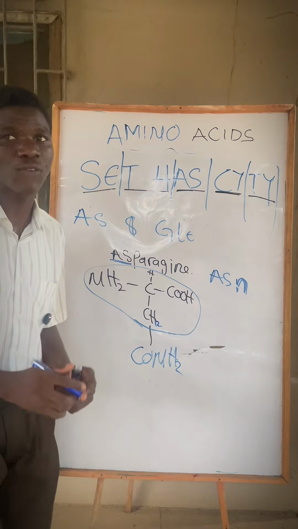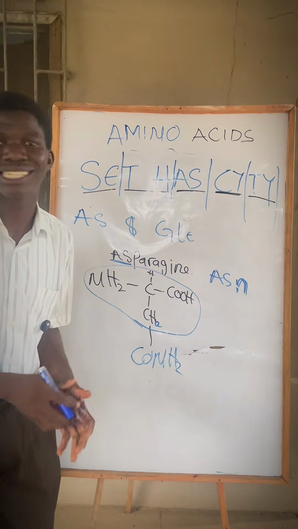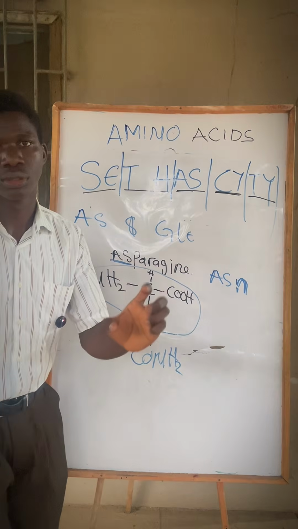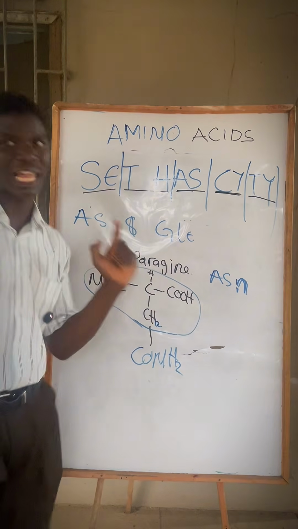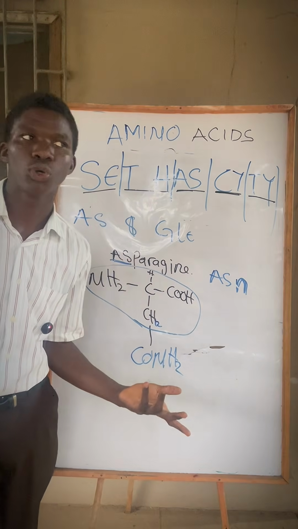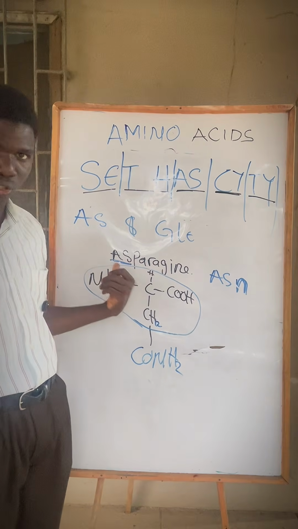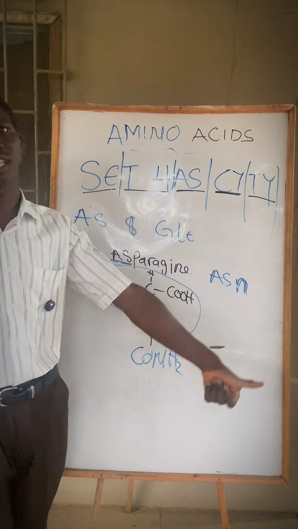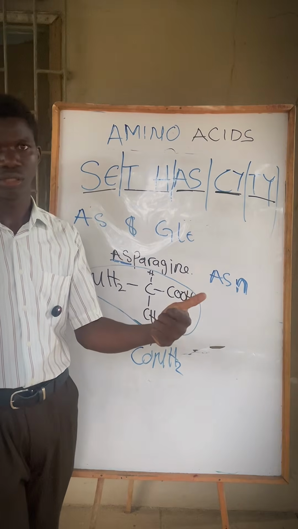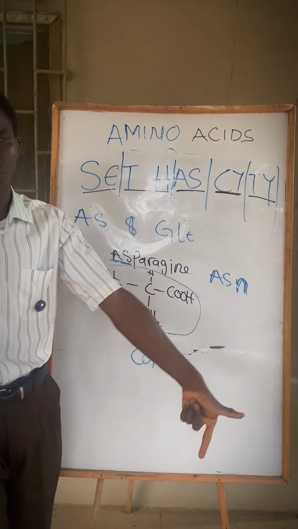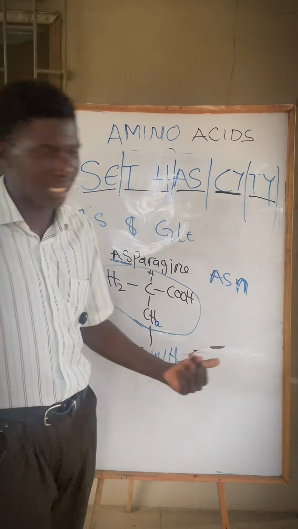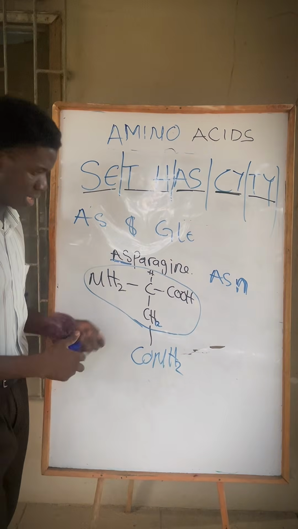So just for them to be different, let me add one more carbon to glutamine. How do you know you want to add one more carbon to it? This one is asparagine, the first one. You don't have to add anything to it. Glutamine is the second one. It starts with G. So you have to add something to it just to tell you that G is greater than A.